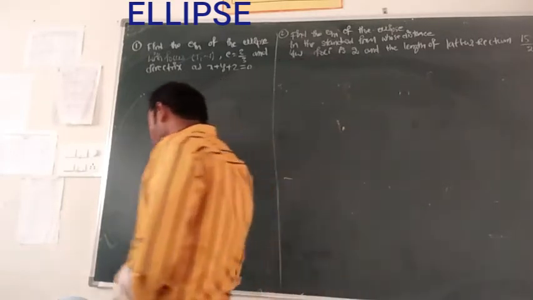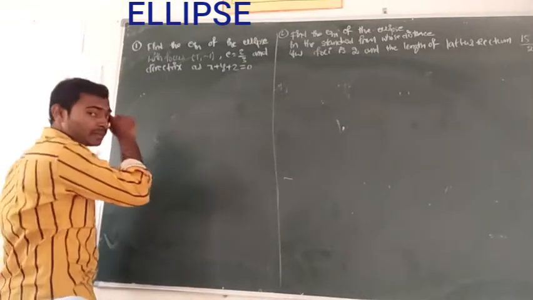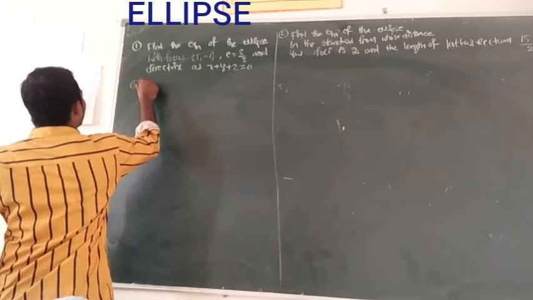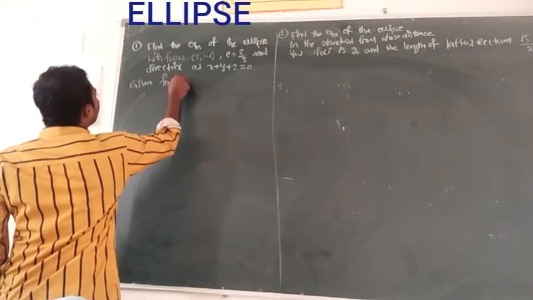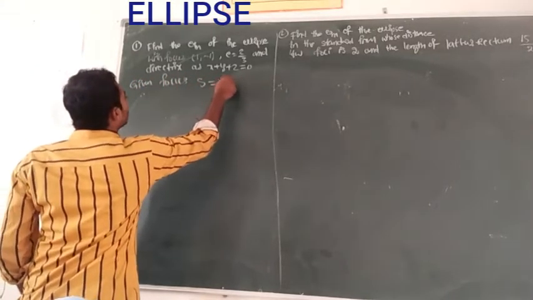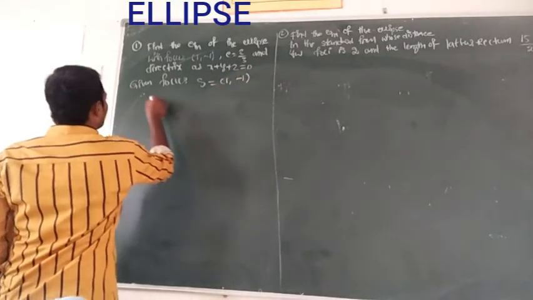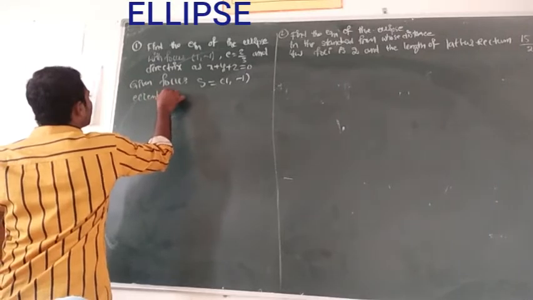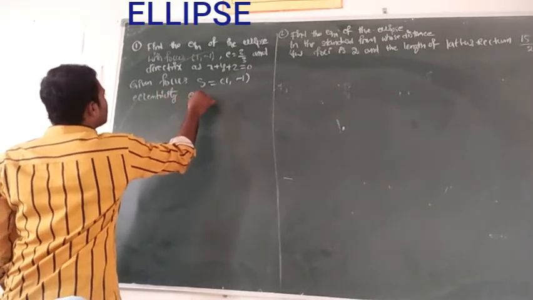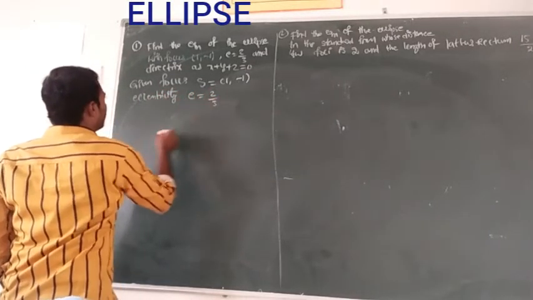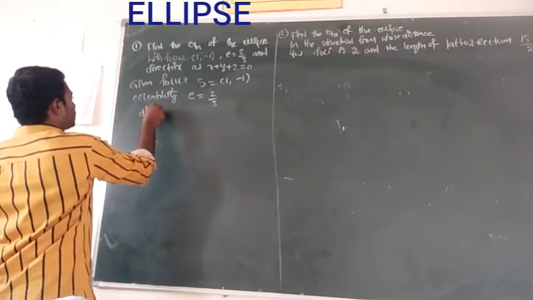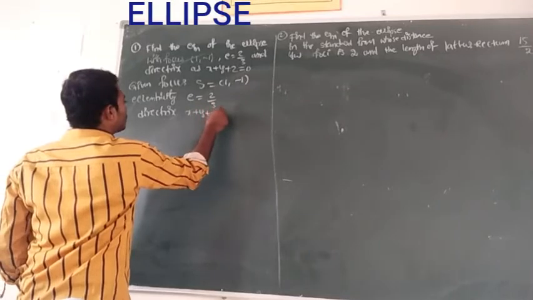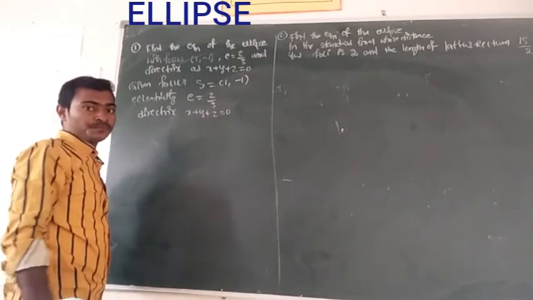To find the equation of the ellipse, first I am taking what is given. The given focus S equal to (1, -1), eccentricity e equal to 2 by 3, and the directrix x plus y plus 2 equal to 0.